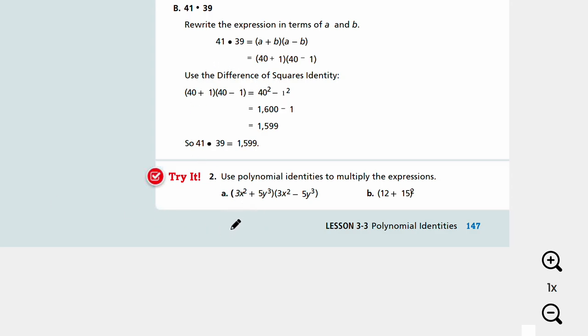So then, using the difference of squares to solve this, and knowing that a plus b times a minus b is equal to a squared minus b squared, we're going to identify a first.